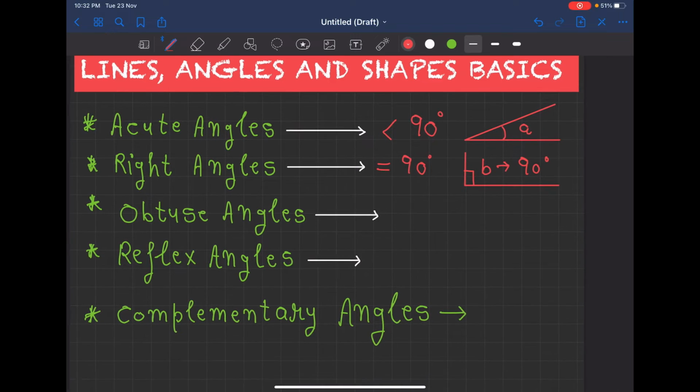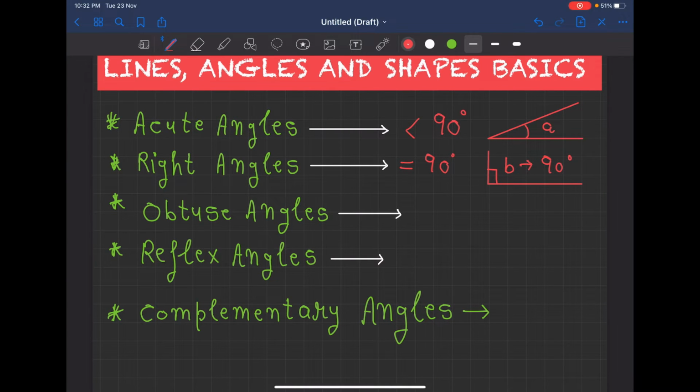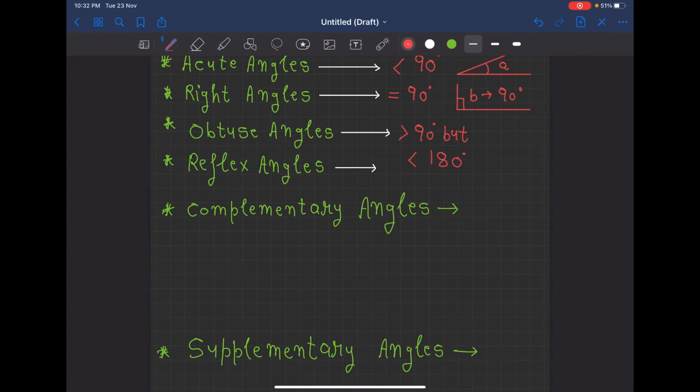Moving on to obtuse angles. Obtuse angles are the angles which are greater than 90 degrees, but there is a condition that they should be less than 180 degrees. So how will we draw it? Let me show you.